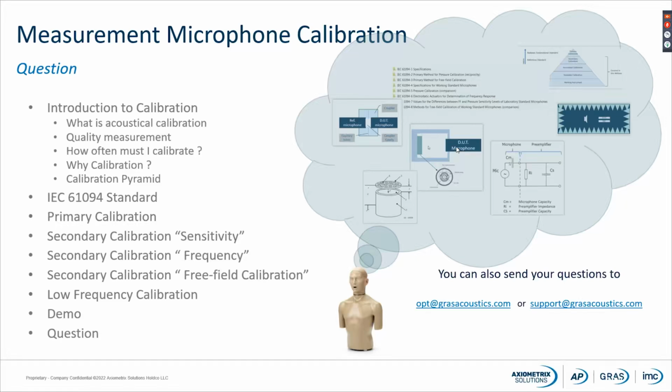Yes, you can use a very old microphone as reference microphone, as long as you actually have a reference for this reference microphone. And with reference, I mean, if you have a yearly calibration of the microphone, then the microphone is still valid. No doubt about that.